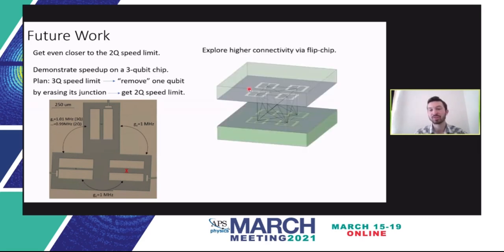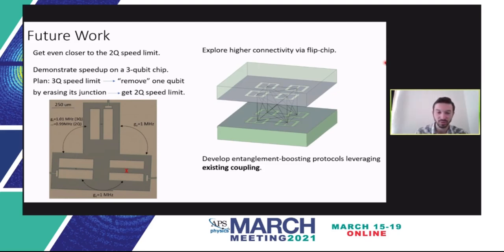We want to, in the far future, develop or explore even higher degrees of connectivity with a flip chip design, where you get all-to-all connectivity, and hopefully at some point demonstrate that O(1/√n) speed up. We want to, on current devices, see if we can develop these protocols that leverage existing coupling.